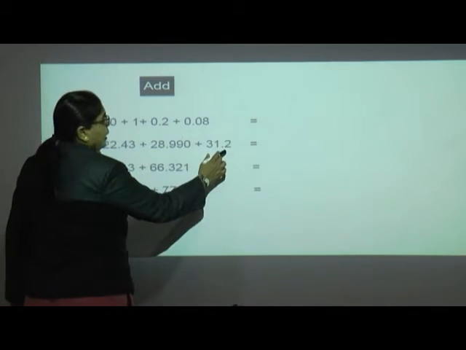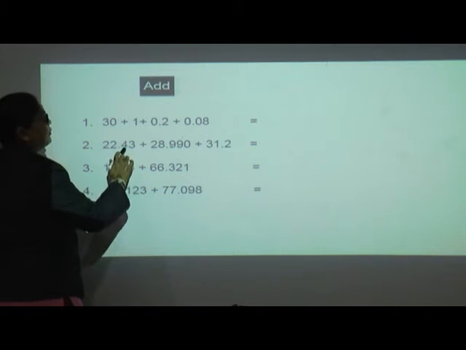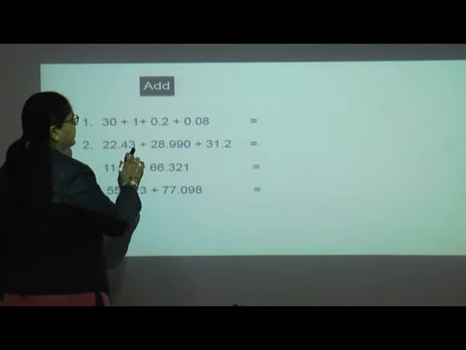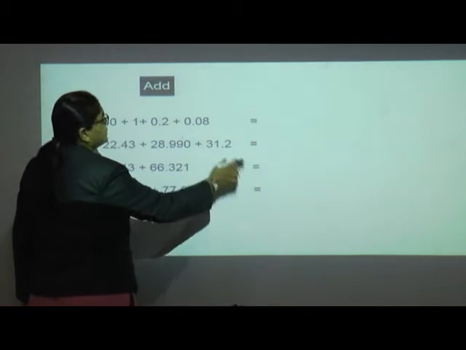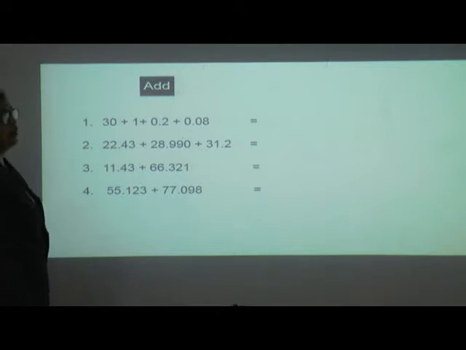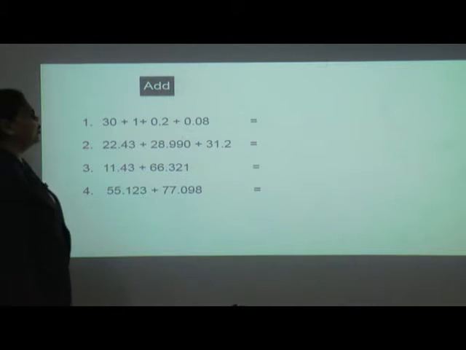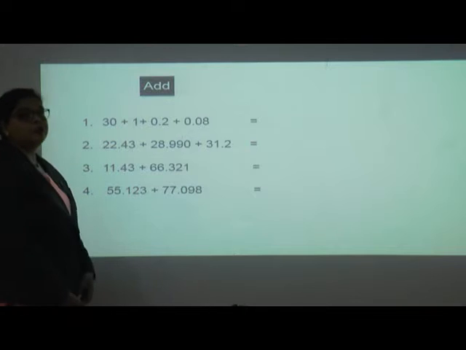What it means is we have to add all of these, but here after the decimal point the number of digits is different. Already we know the rule of addition. We have to follow it step by step.